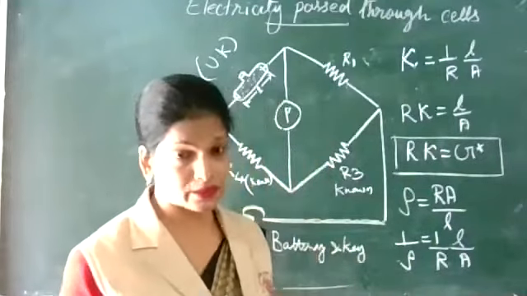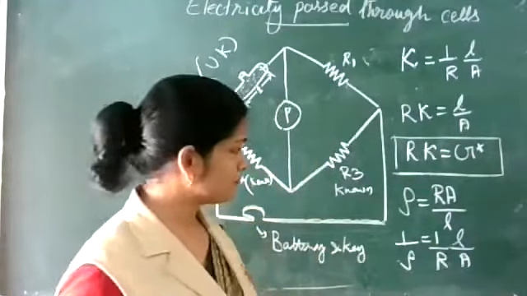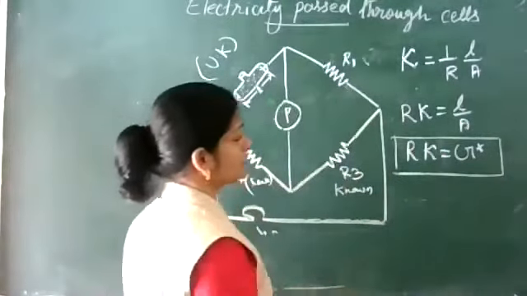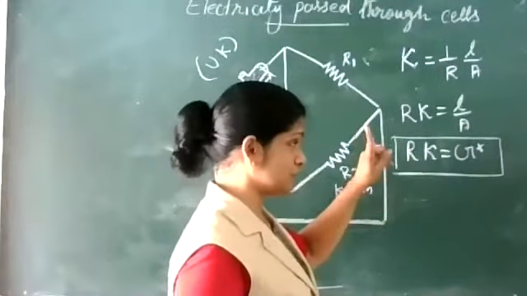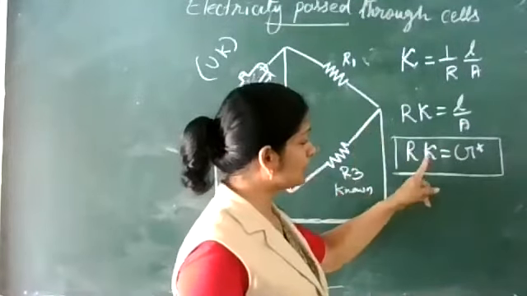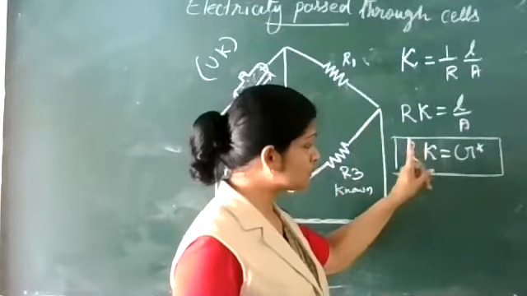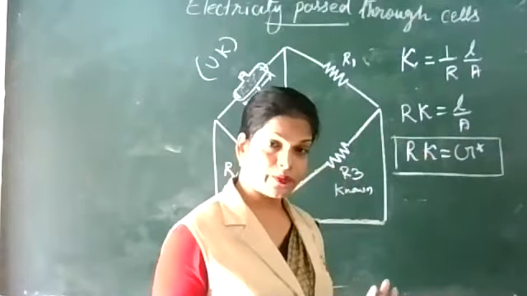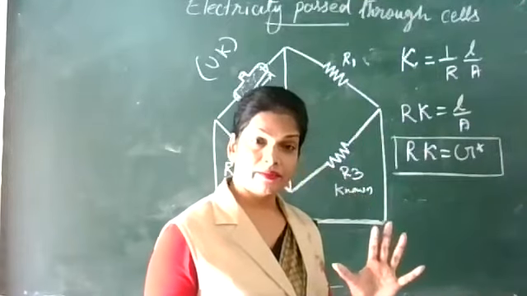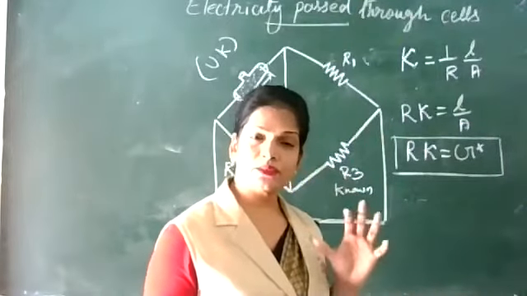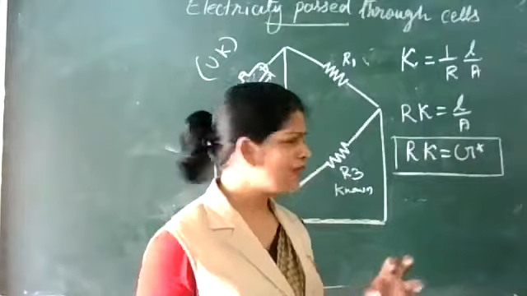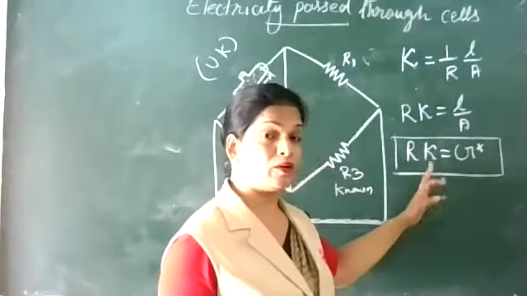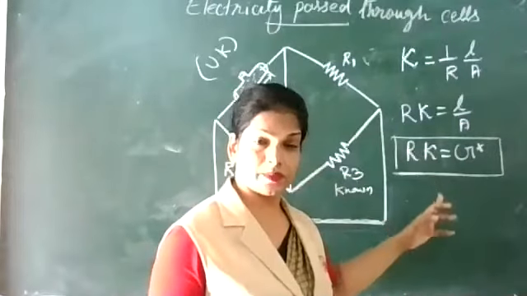How to find out this L by A? For that, we will be using this equation first with a known kappa. A solution with known kappa will be supplied to you. That kappa will be given in the numerical, or by your teacher when you are doing the experiment in the laboratory.